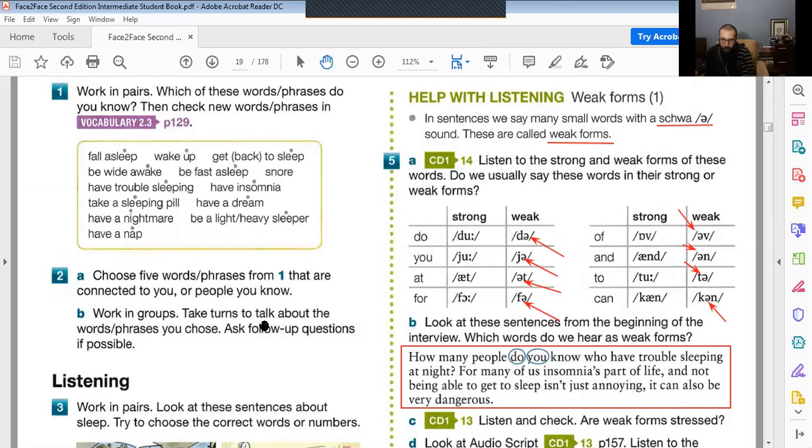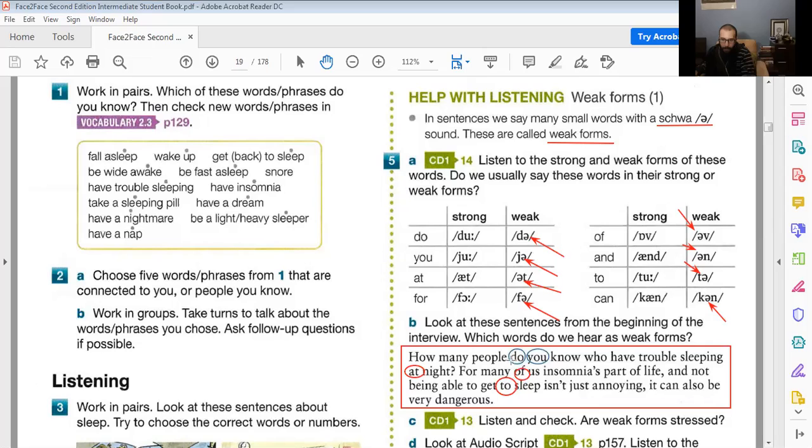To get to. Which ones? The third line. Get to. Okay. Able to get to, he said. No, the second one. The second one? Yeah. What else? At night. Okay. Many of us. Of.